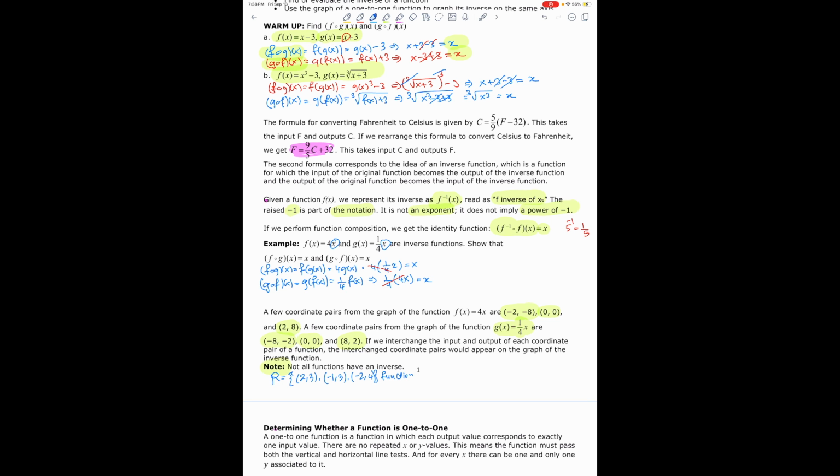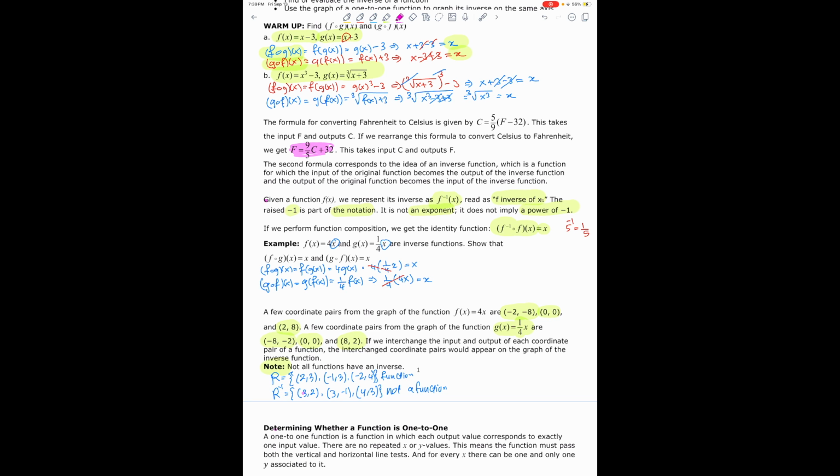However, if you're going to find the inverse of that function, basically you're going to flip the pairs or basically interchange x and y. Notice how the inverse is not a function. Okay, so the function r that I defined with the 3 ordered pairs does not have an inverse because the inverse is not a function. Why is it not a function?